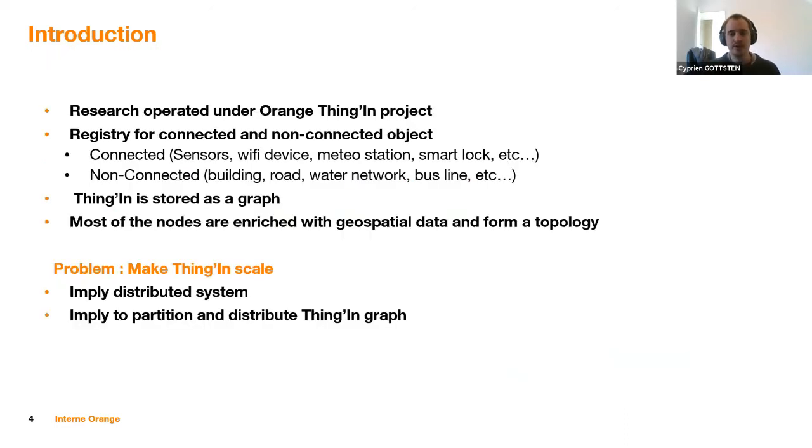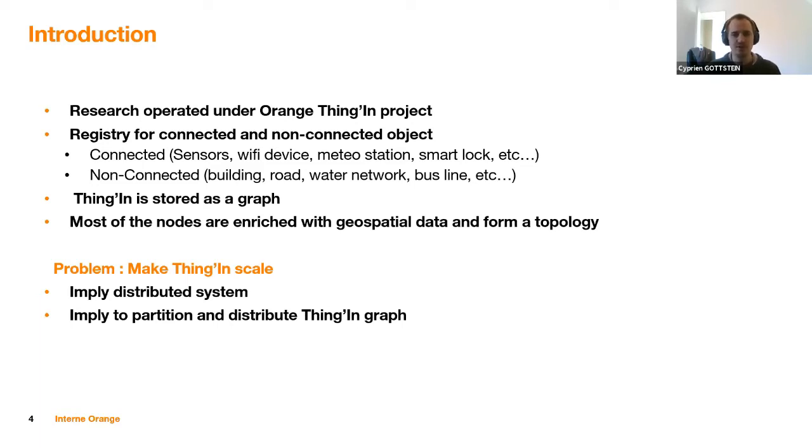So this research has been operated on the Orange Thingin project, which is an IoT platform, so Internet of Things. This can be described as a registry for connected and non-connected objects, with connected objects such as sensors, Wi-Fi devices, meteo stations, smart locks, and other things, or non-connected objects like buildings, roads, water networks, bus lines, or even trees if you need to, as long as you have the web semantic definition, for those who know RDF.